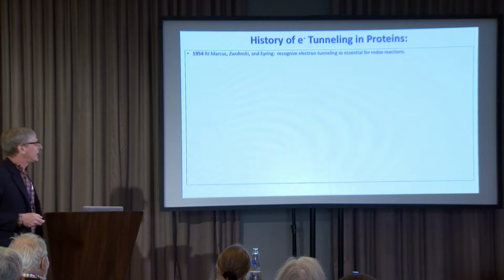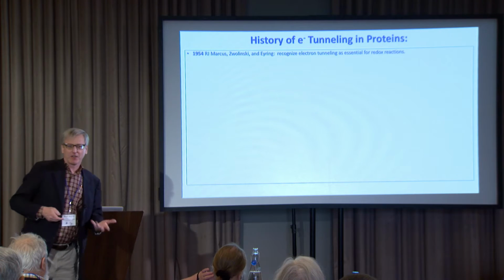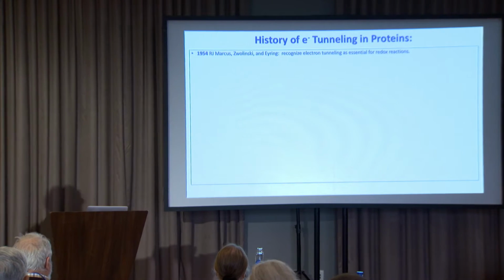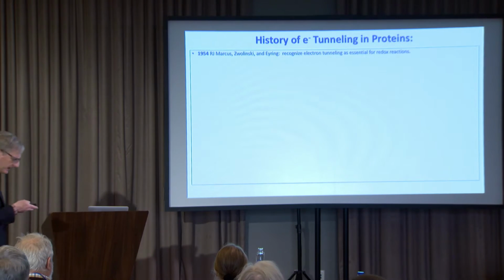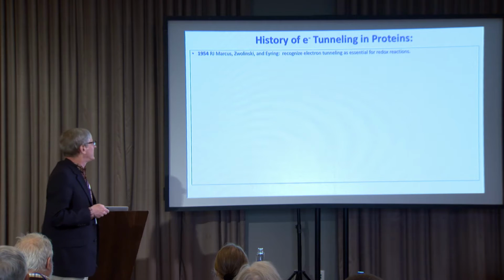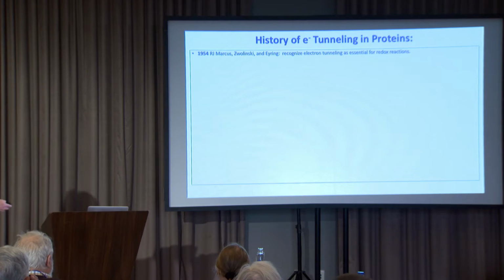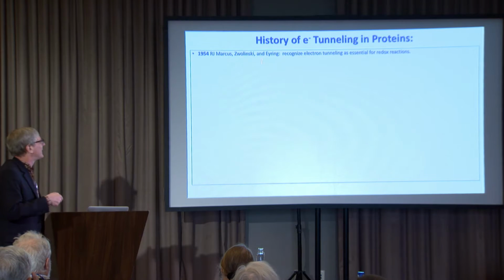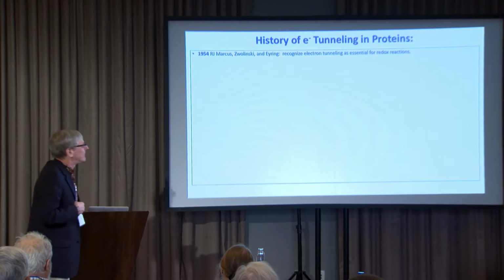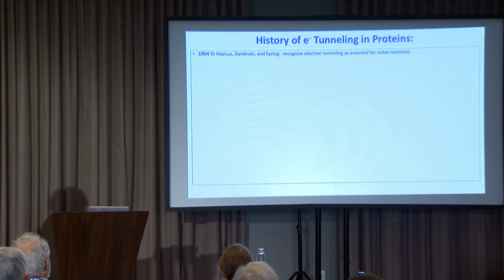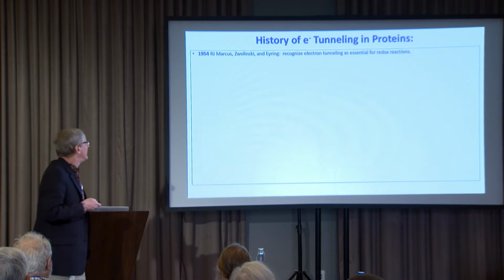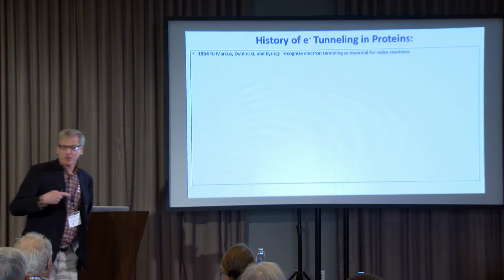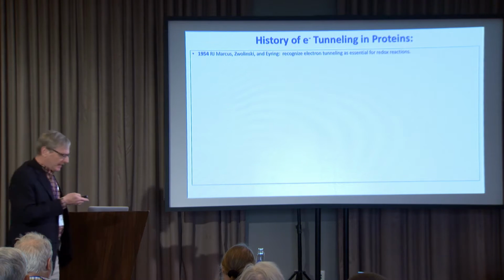Okay, so it's such a diverse audience, I thought I'd introduce a brief history of this issue of electron tunneling in electron transfer and in biology. It was recognized even before the Rudy Marcus theory. There was another discussion of electron transfer by Eyring and co-workers, where already in the mid-50s, it was recognized that for electrons to move between these trapping sites, they have to tunnel.